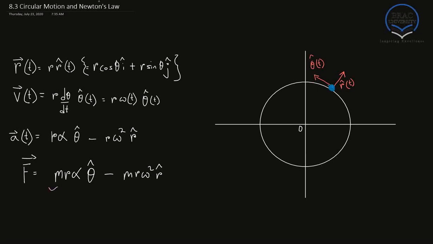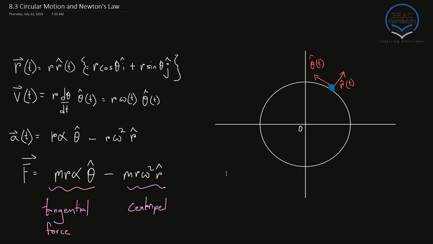We can call this the tangential force, the tangential component. It's the component of the force in the direction of theta hat. And then you have another, the centripetal force, which is the component of F along r hat.